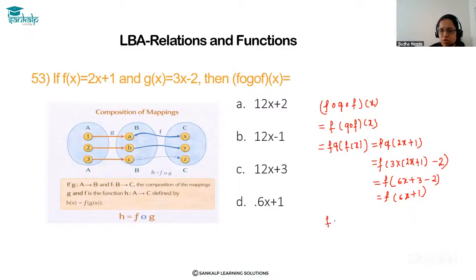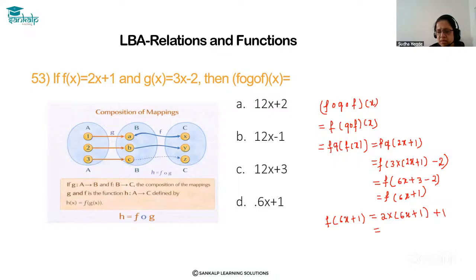So f of 6x plus 1 is equal to, f of x is 2x plus 1. Replace x by 6x plus 1. So it is 2 into 6x plus 1 plus 1.